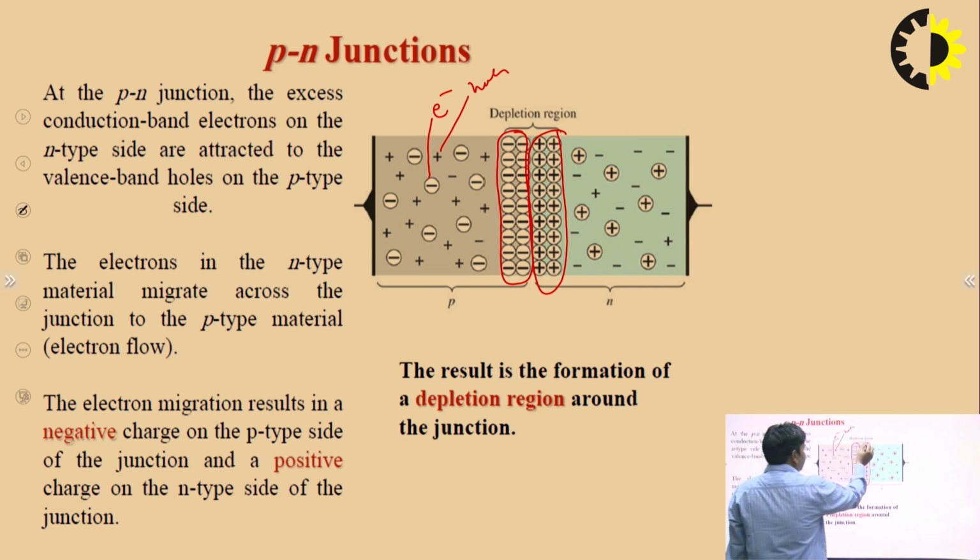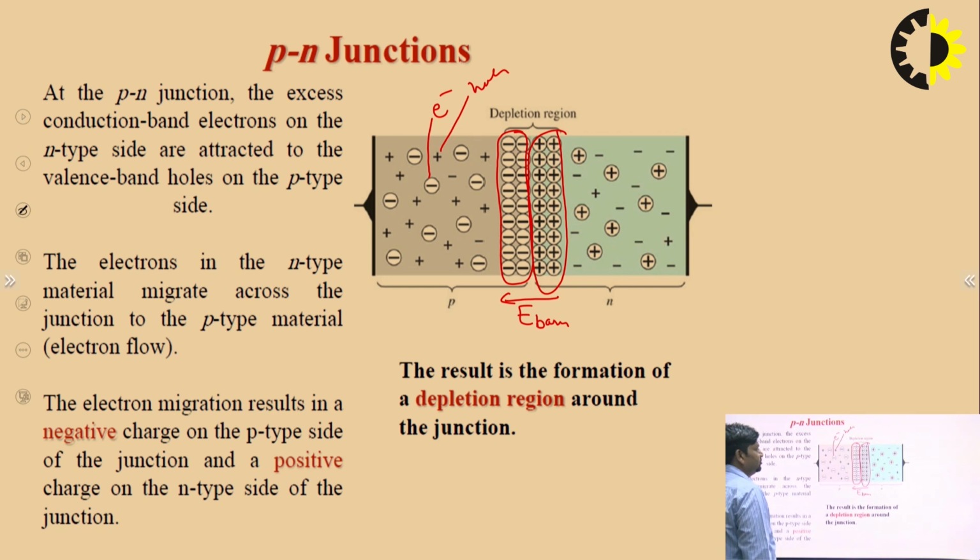An electric field is established from plus to minus. This is the potential barrier, or E internal or E barrier. This region, where no mobile charge is present, is called the depletion region.